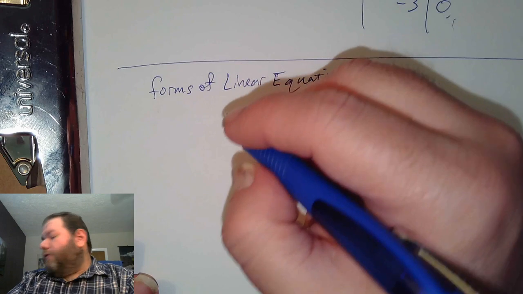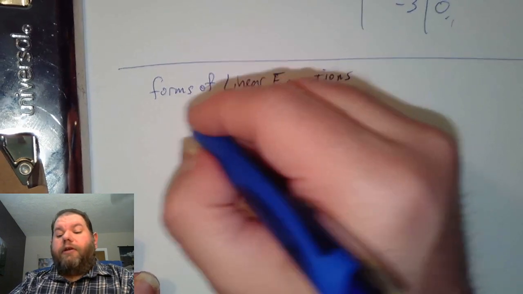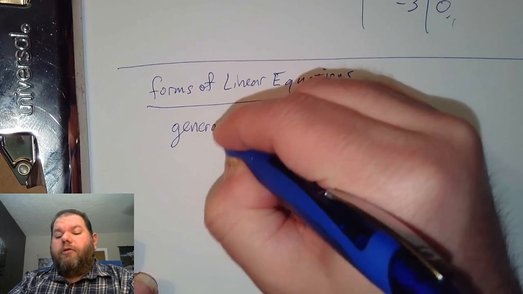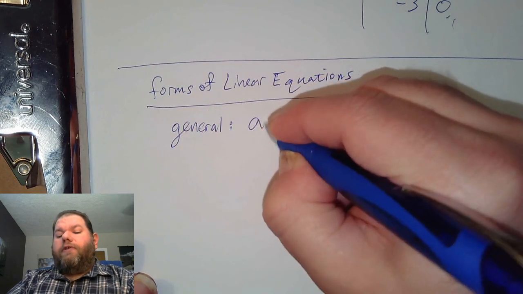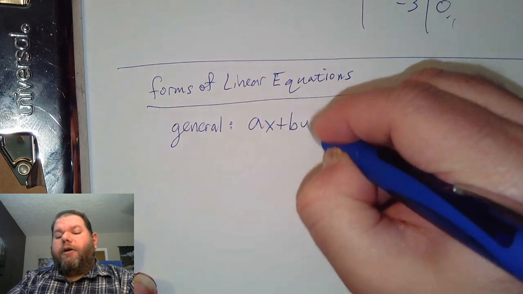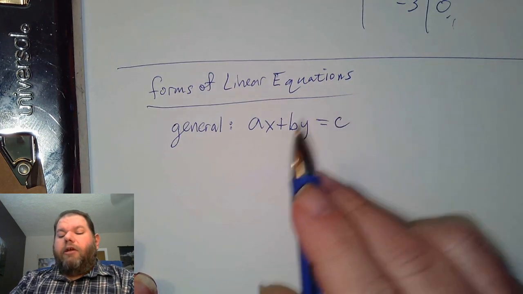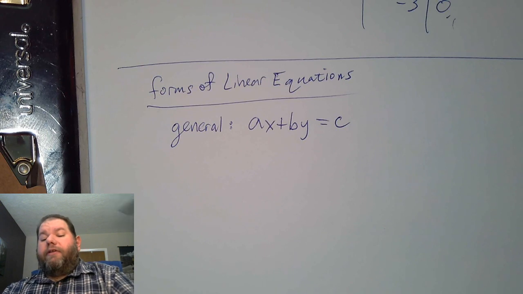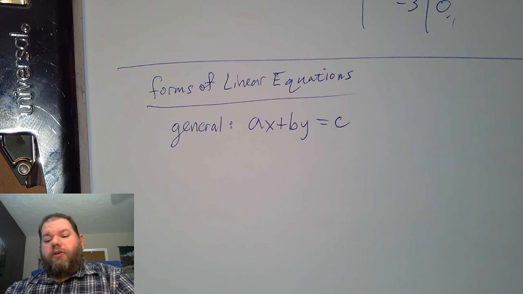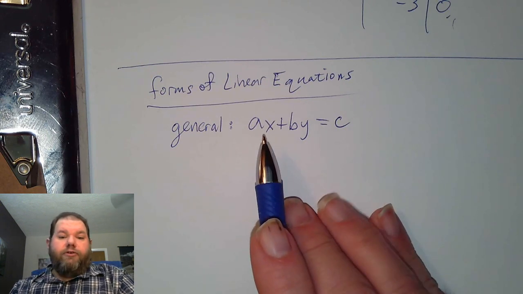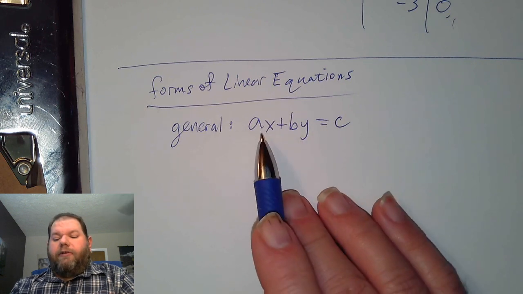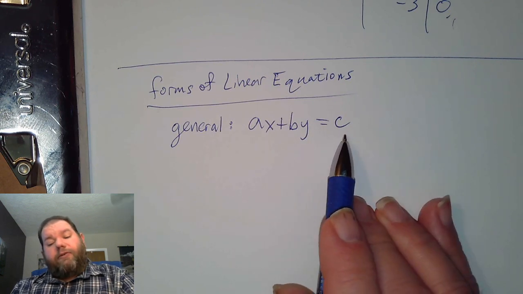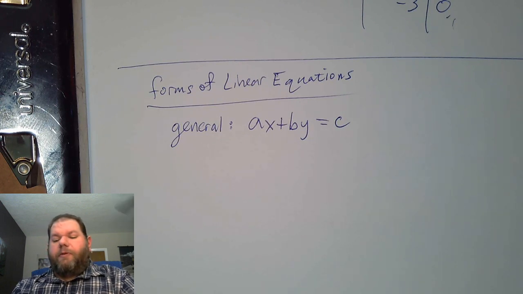First off, we have what's called the general form, which is ax plus by equals c. A, b, and c could be any value, basically. In these last two problems where we're working with intercepts, we've been looking at equations in general form: some number times x plus another number times y equals a third number.